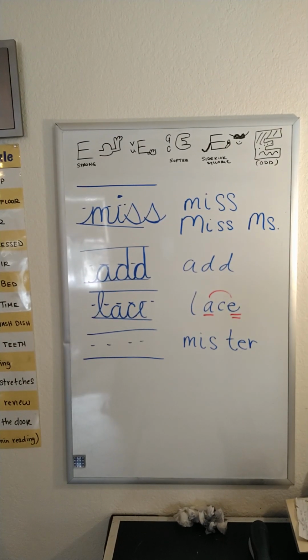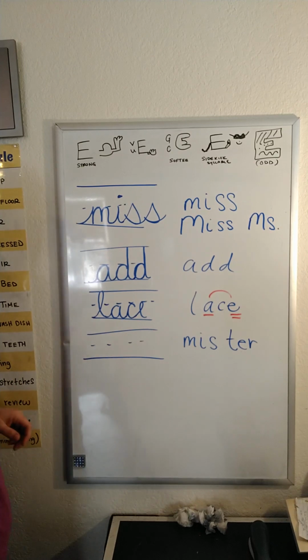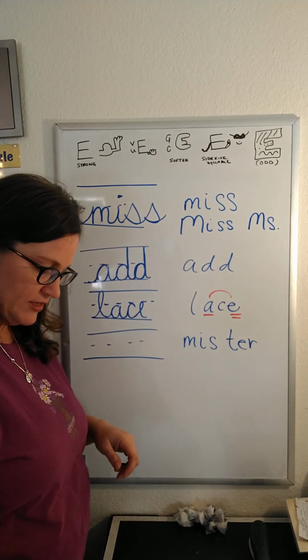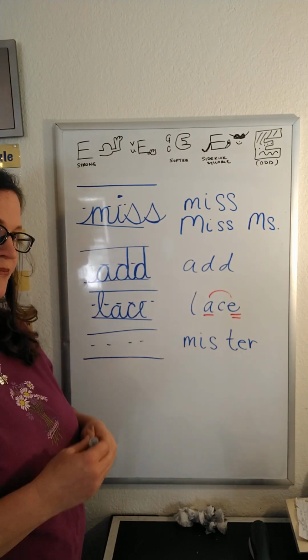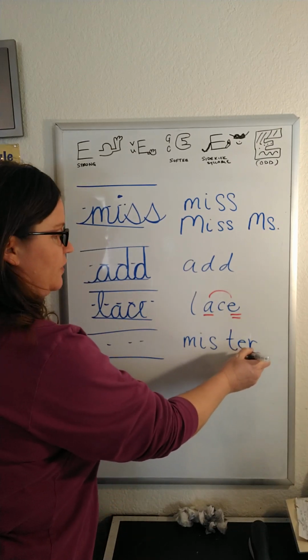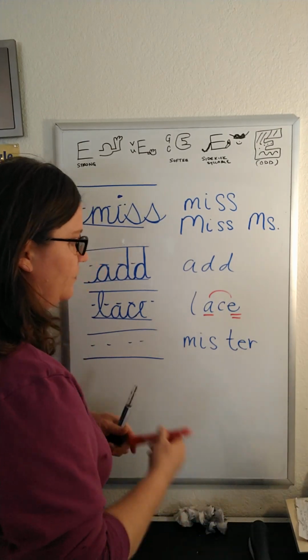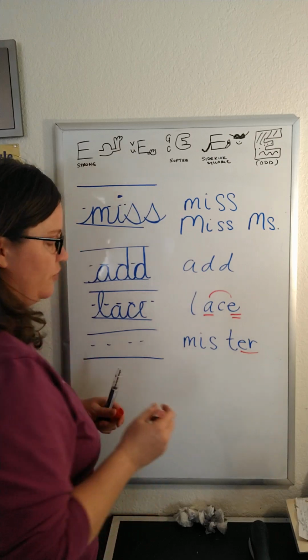We finished these, and then now we're starting Mr. up here. So we had miss, add, and lace for your first column, and now we're on Mr. Do we have any markings for Mr.? No. Yep, we underlined the of her.